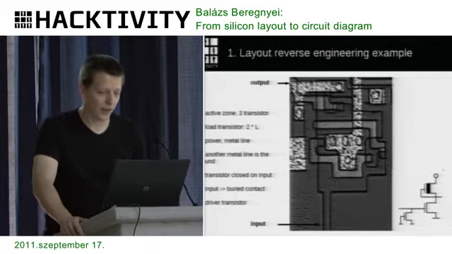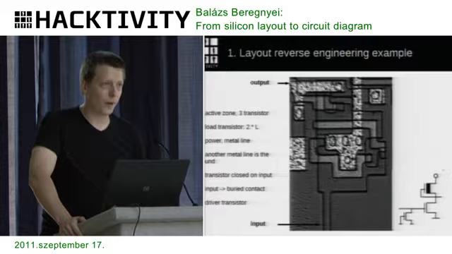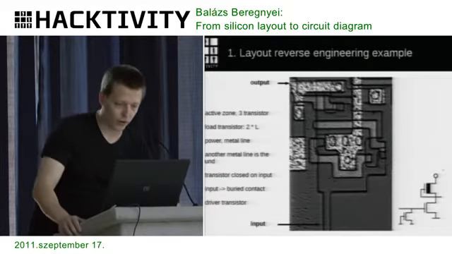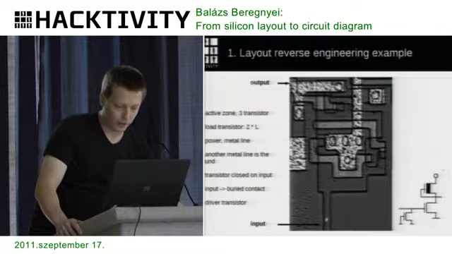And this is a real layout. We'll try to identify the circuit here. First of all, we have to identify the active zone. It has a rather complex shape, where you can see that.